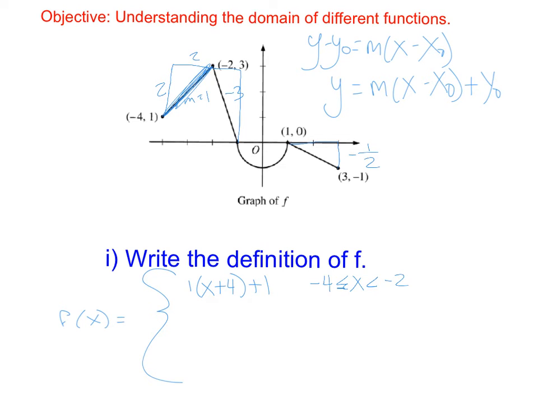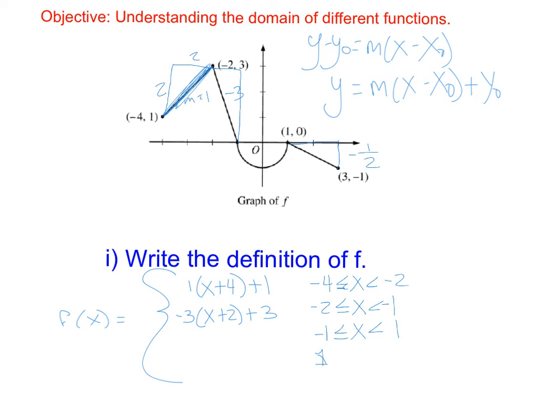You can pick either this one or the next one. The next one has a slope of -3: -3 times x plus 2 plus 3, for -2 less than or equal to x less than 1. I'm going to skip the next one because it's the hardest.